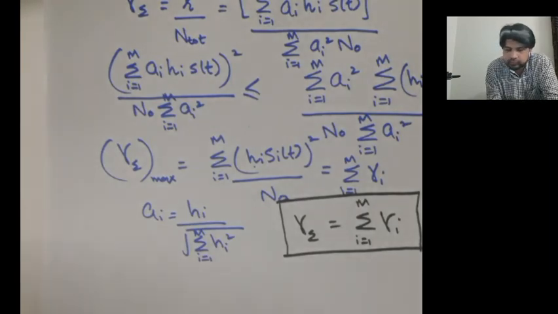Now, if you don't have the channel side information at the transmitting end, then if you go symbol by symbol or time slot by time slot, you would not get any array gain, you would not get any diversity gain whatsoever.